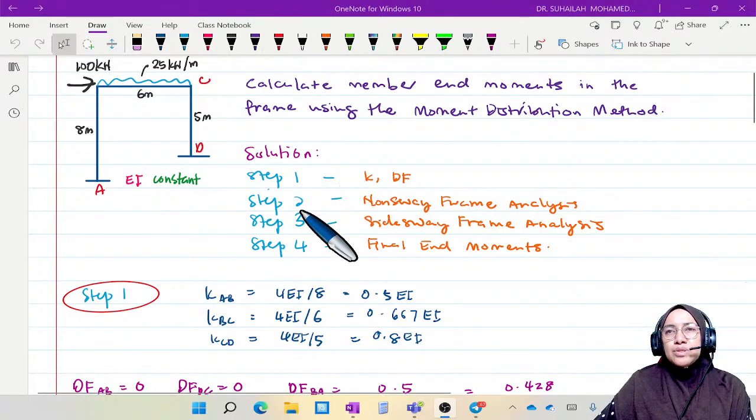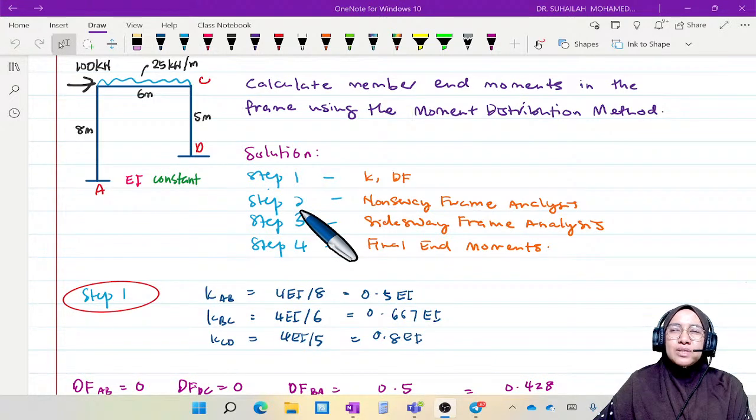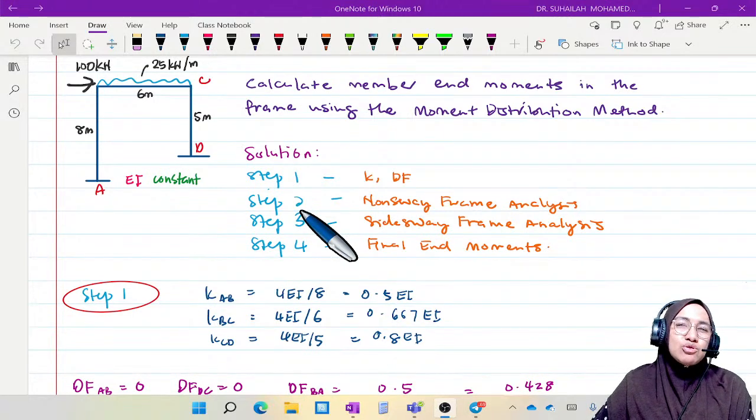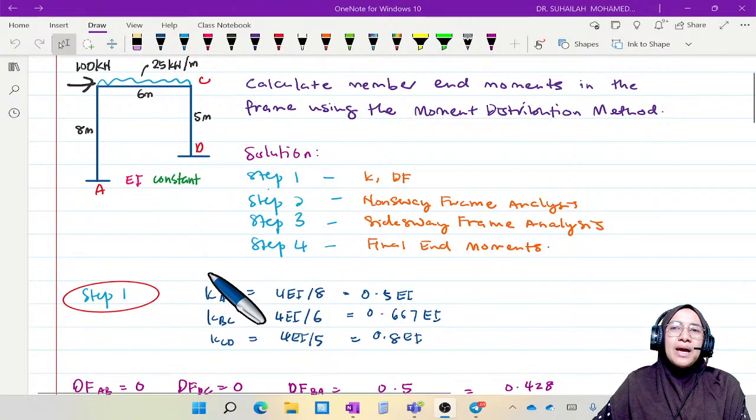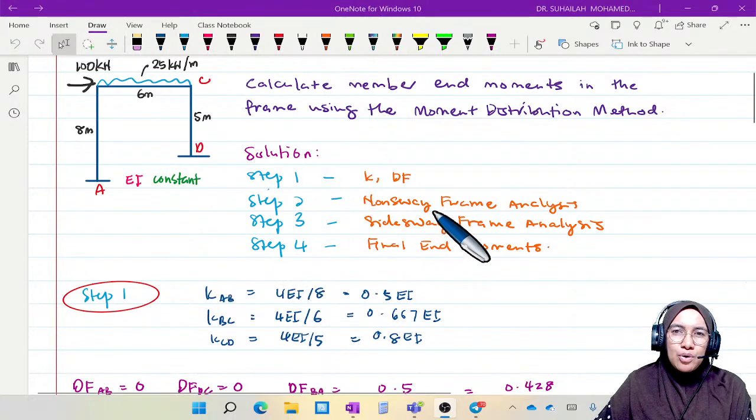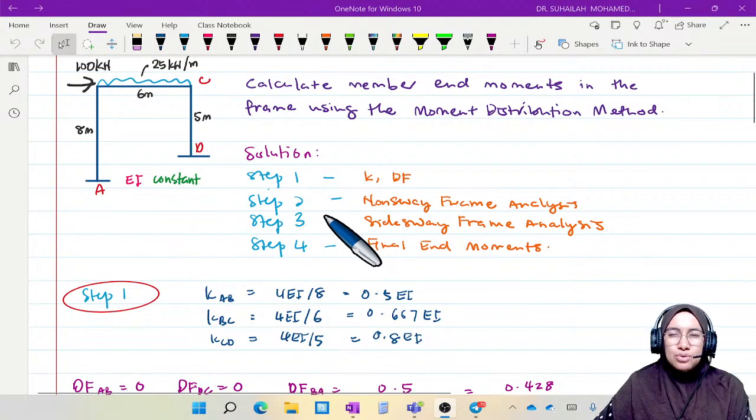Of course we start with FEM, because FEM is the first member end moment in the table, and then we start to distribute the moment. We do the distribution process and then carry over the value until the moment reaches 0. Then we stop distribution and find the summation. The summation moment is called M0. That is for step number 2, or procedure number 2.